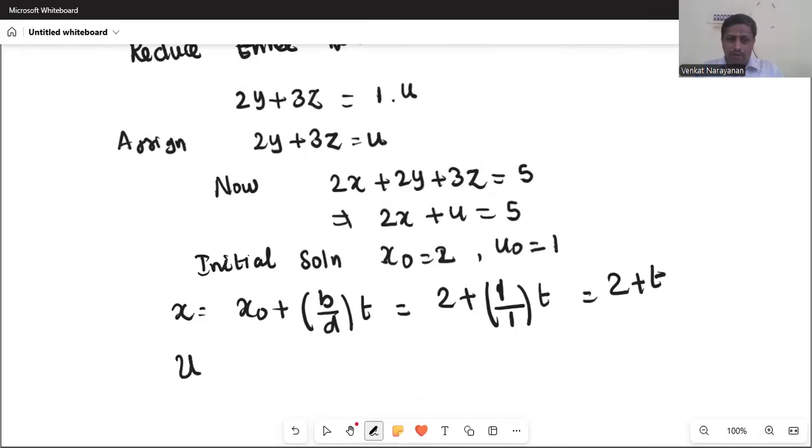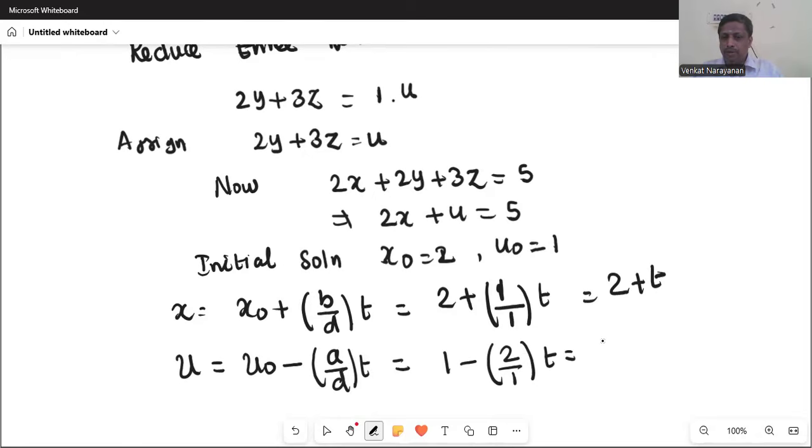Now, for u, we use the formula u equals u naught minus a by d into t. What is the u naught value? 1 minus a, what is the a value? 2 divided by 1 times t. That is 1 minus 2t.